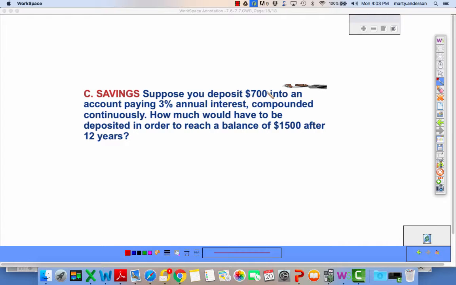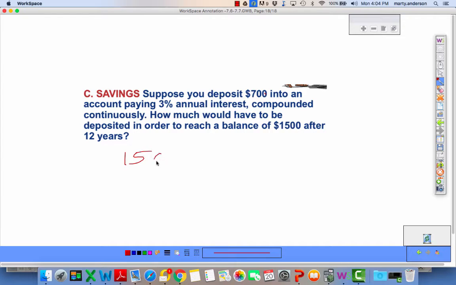This one, suppose you deposit $700 into a savings account paying 3%, very similar. How much would have to be deposited in order to reach a balance of $1,500 after 12 years? I think this one's not worded right.